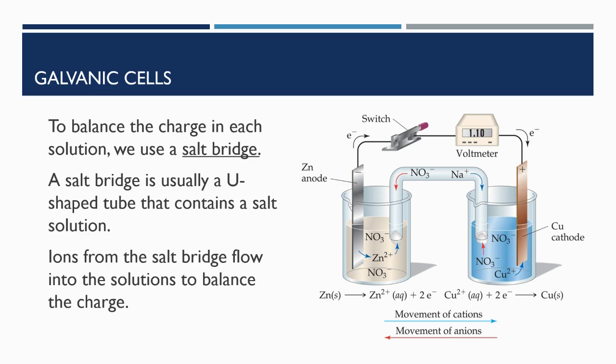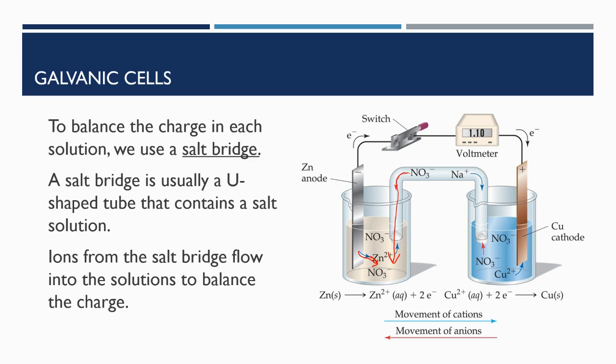A salt bridge is a tube, usually a U-shaped tube made out of glass, that has salt in it, usually sodium nitrate or some other completely soluble salt. And as zinc ions go into solution, as positive ions go into the solution, that positive charge is balanced out by negative nitrate ions flowing into that solution.